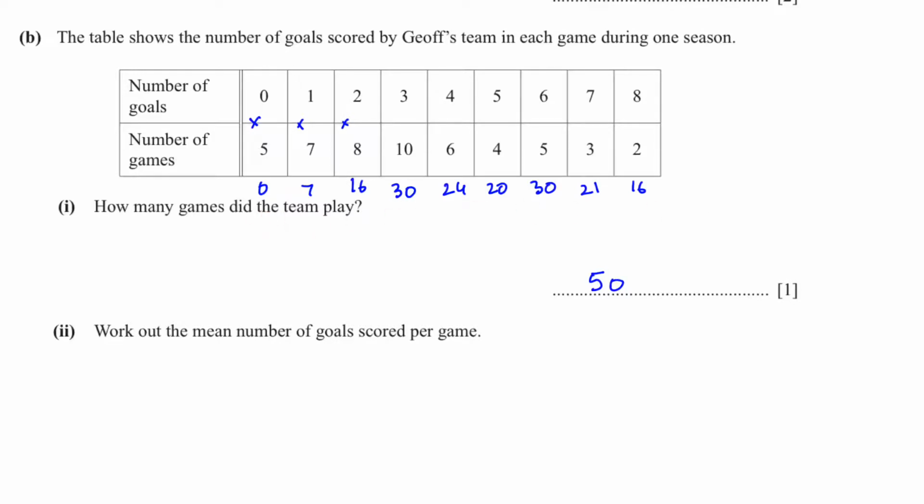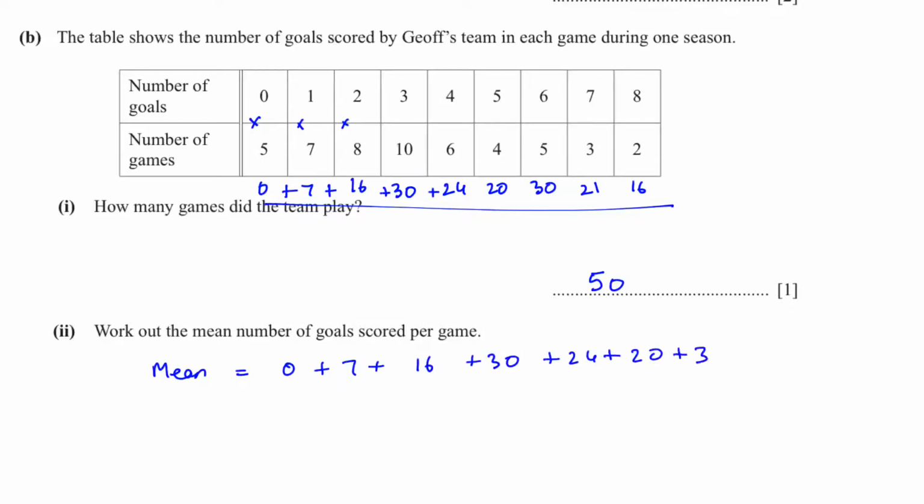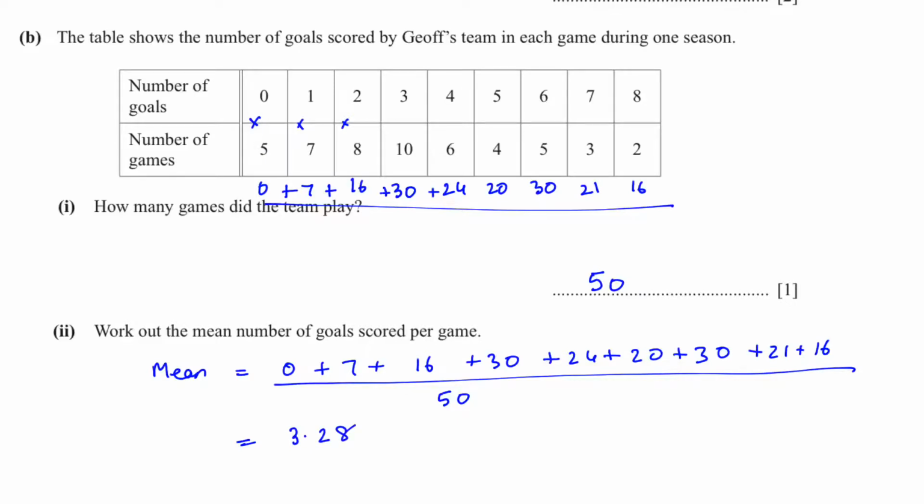Then we have to add these numbers and divide it by the frequency. So to find the mean, we are going to add 0 plus 7 plus 16 plus 30 plus 24 plus 20 plus 30 and divide it by the frequency, the number of games that were played, which is 50. This will give us 3.28. So that is our mean.